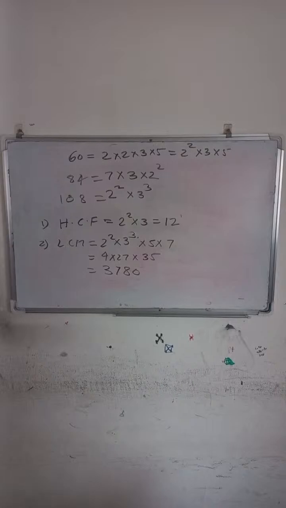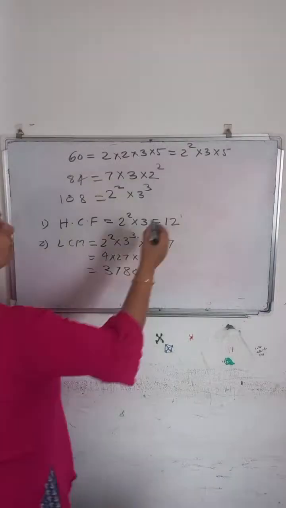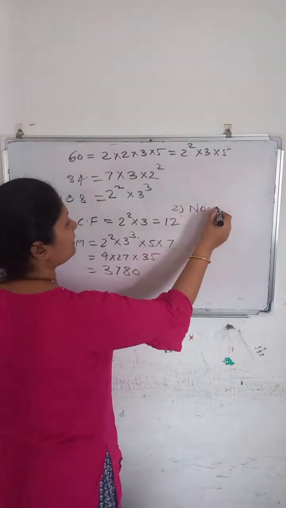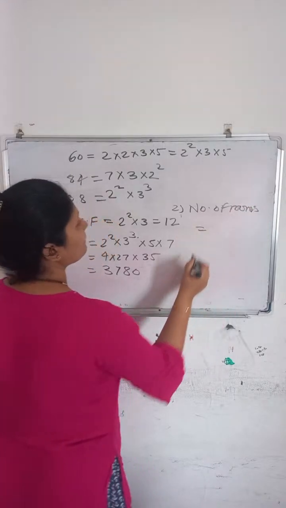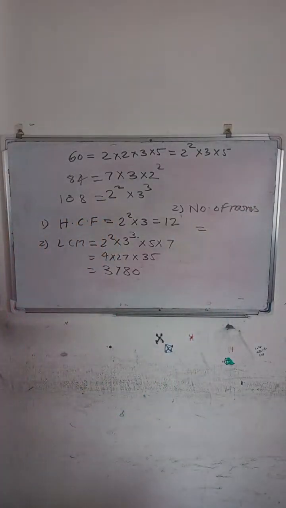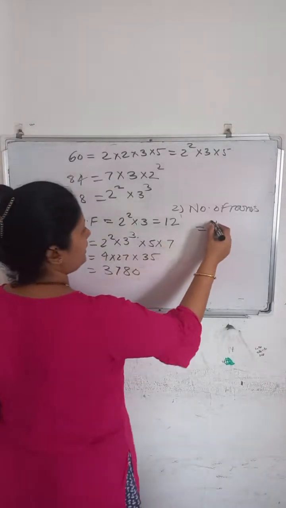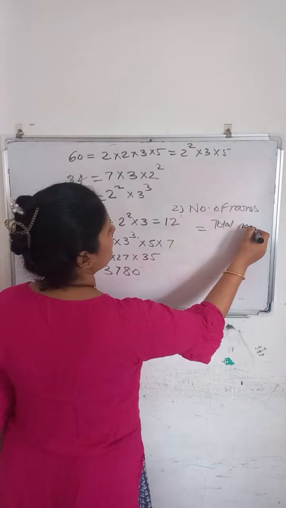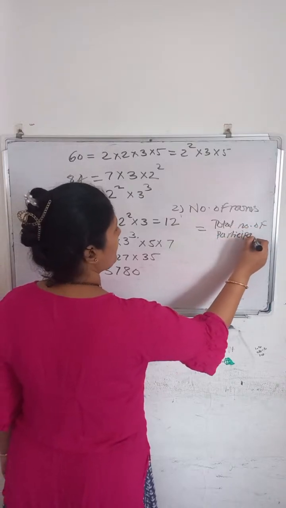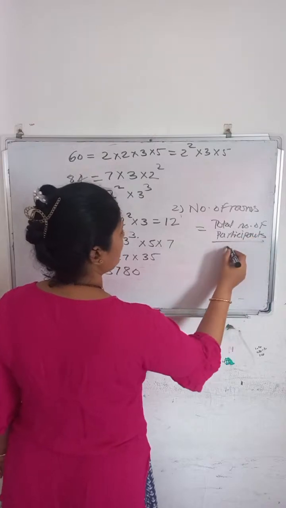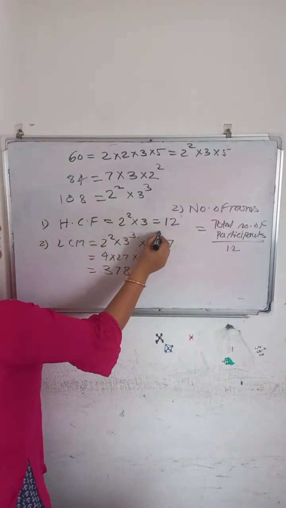Next, find the minimum number of rooms required during this event. The number of rooms is equal to the total number of participants divided by 12, because the HCF we got is 12.